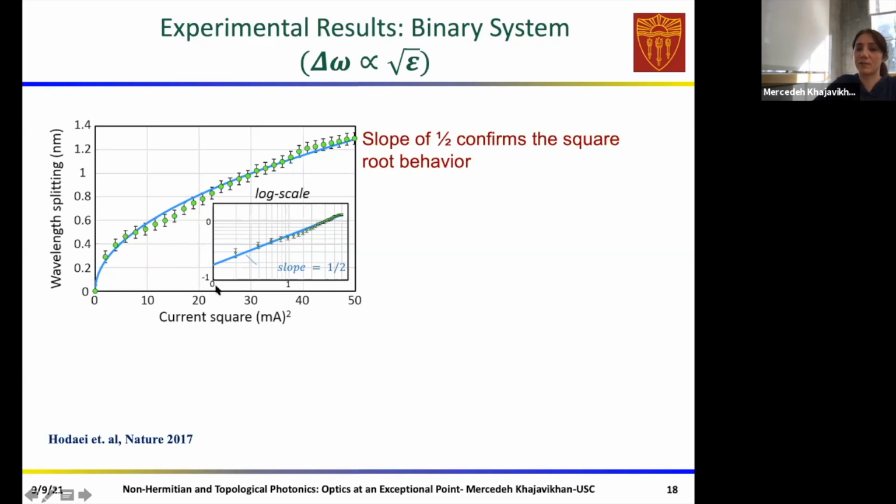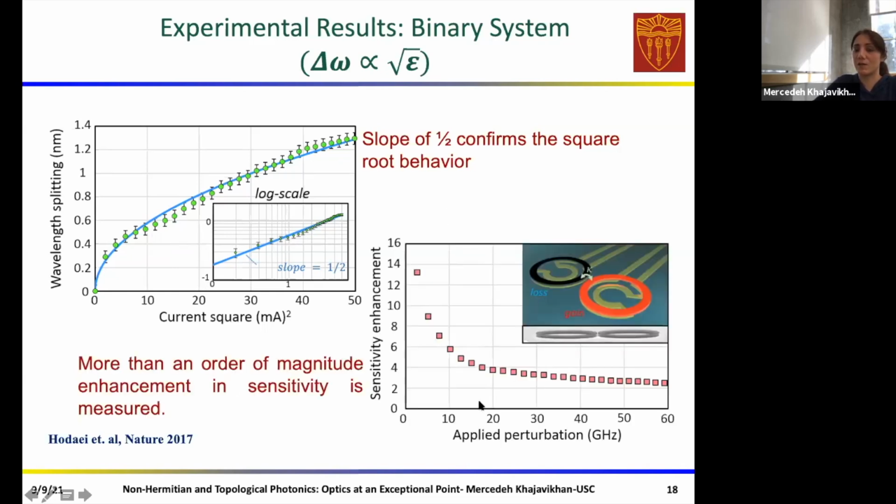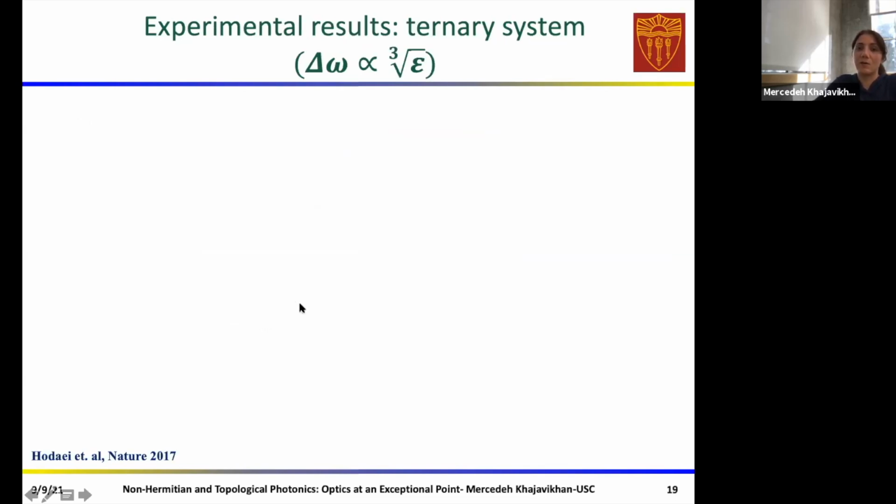And if we draw this in the log scale, we can see that the slope of this line is 1/2, indicating that we have a square root behavior. In this system, we also saw almost 13 times enhancement of sensitivity. Now, we also did an experiment to show what happens for the third order exceptional points.